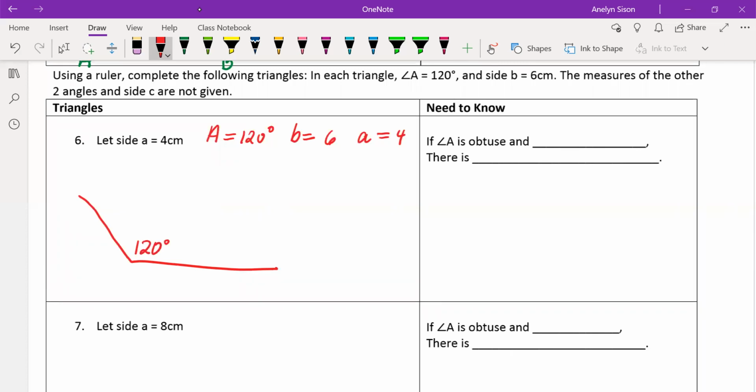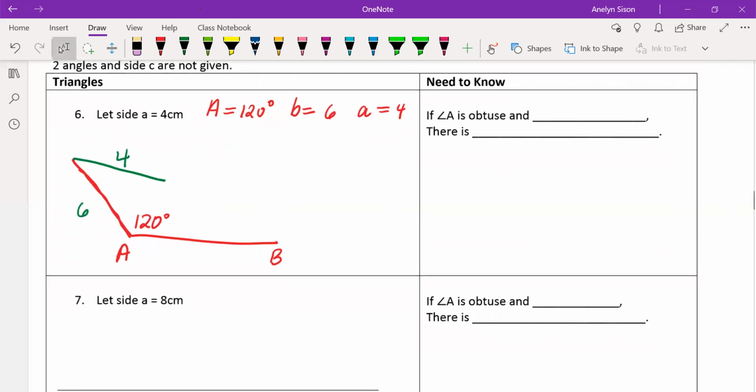What do you expect the side length opposite the 120 degrees would be? Your B here is 6, and the A given is 4. What would you expect the opposite side of 120 degrees to be? The largest side.